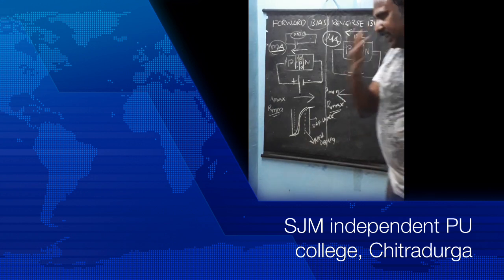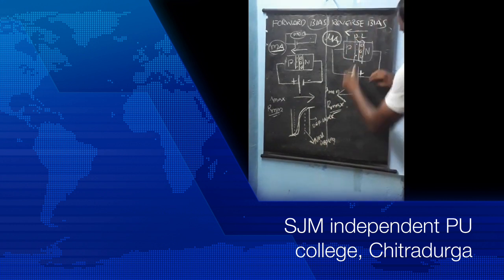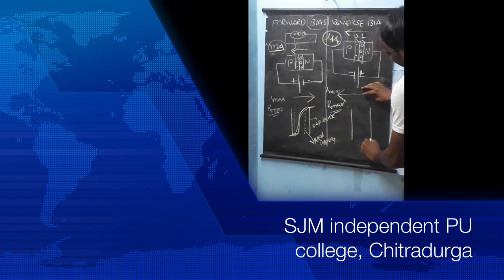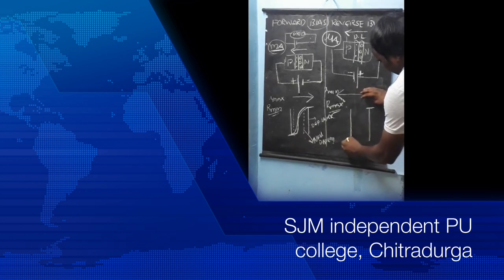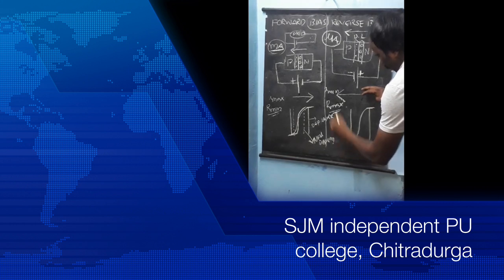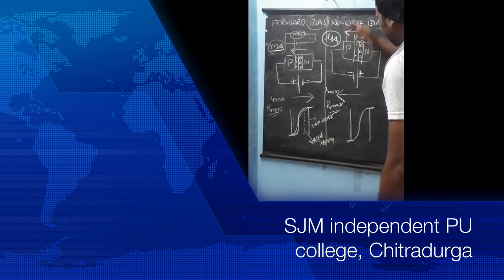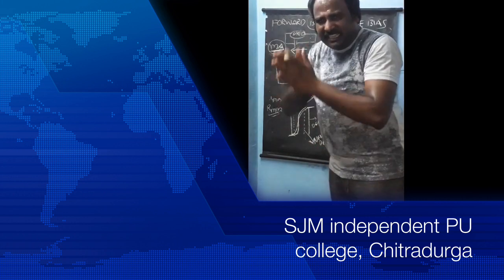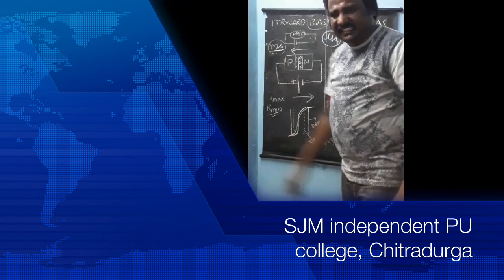Now looking at the diagram of the potential barrier. First of all, the potential barrier will be in such a way. This is higher potential, this is lower potential. So in such a way, from higher to lower. Now, as both electric fields are in the same direction, the electric field increases, and the potential barrier also increases.